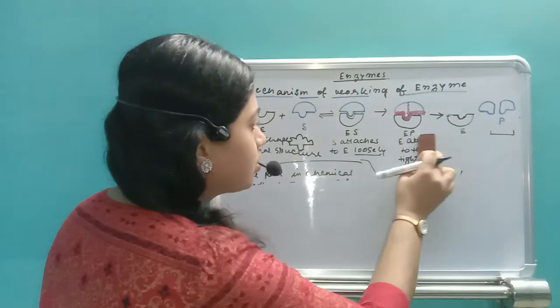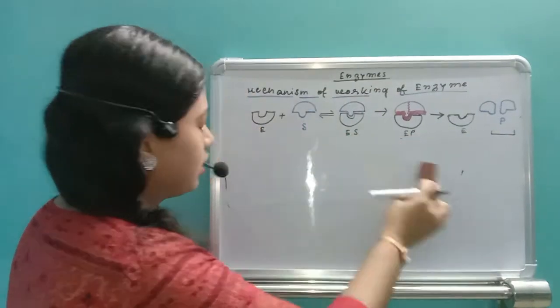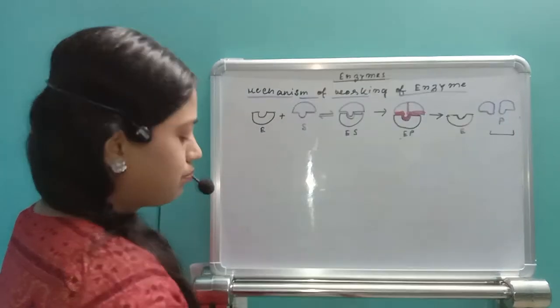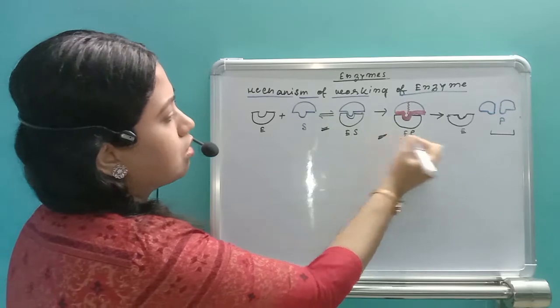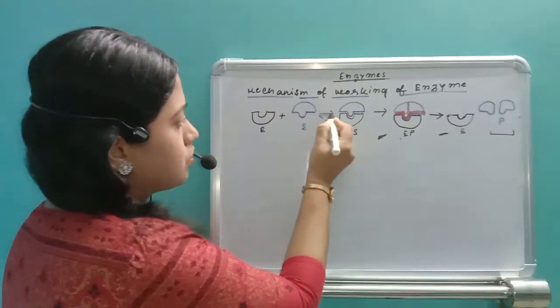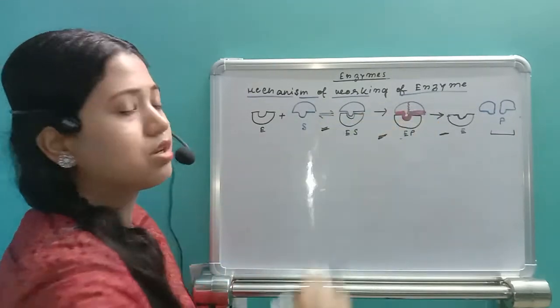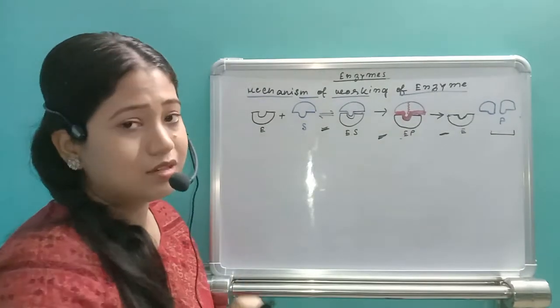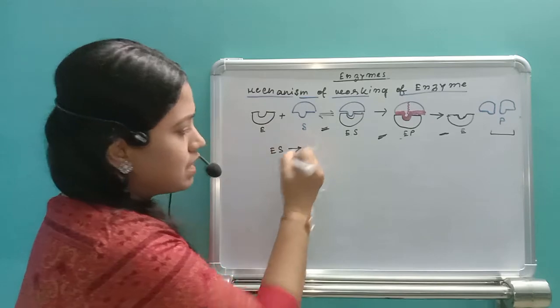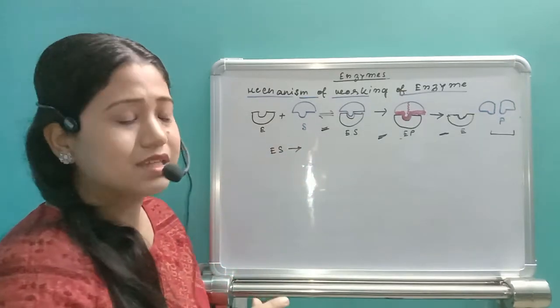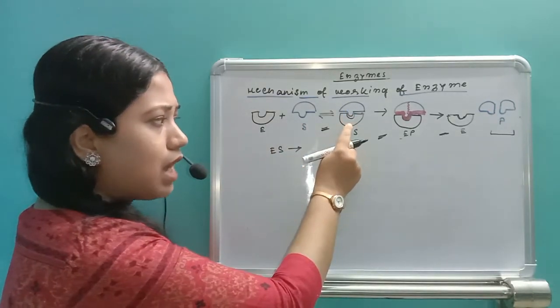But the very important thing you need to know is that whenever I have written this, I have added these terms. You have seen this is the reversible sign, this is the irreversible sign. Whenever it comes to the enzyme-substrate complex, yes, one substrate can be added to the enzyme.